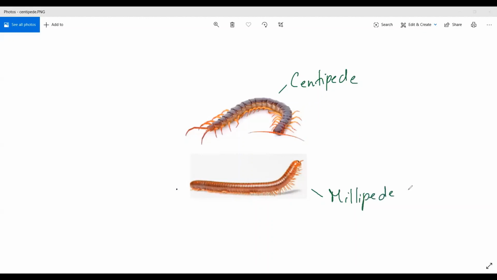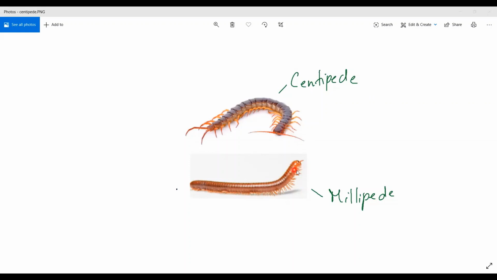Now, the general characteristic of this class is that the body is full of segments. Here is the head and the rest is the body. It's very difficult to distinguish between the thorax and the abdomen. They all look like each other. But when this organism starts to grow, it adds segments just below the head.